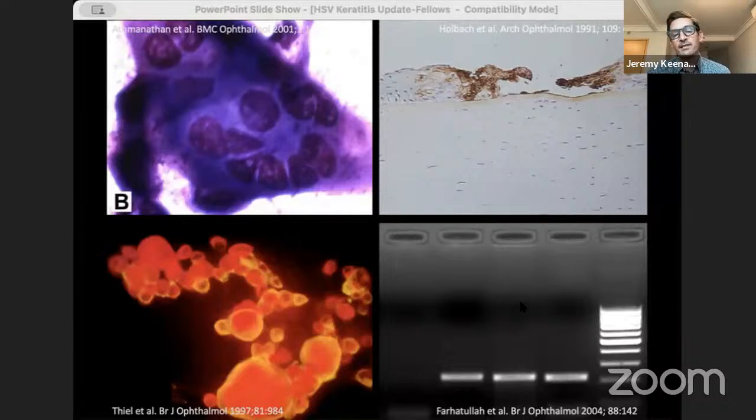It's possible that you can get a false positive from someone who has been exposed to herpes and maybe has some viral shedding, but their eye disease is not due to herpes. So it's important to know the lab you're working with, where you're sending your PCR test, to ensure they're not setting their assay too sensitive or not sensitive enough.